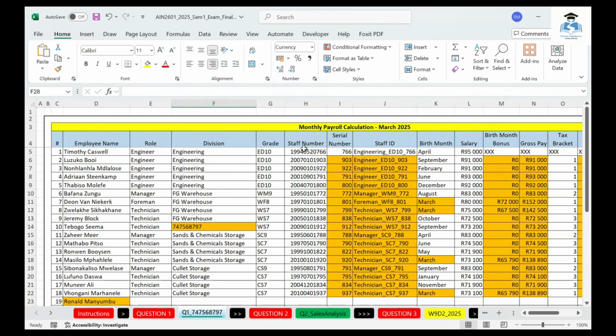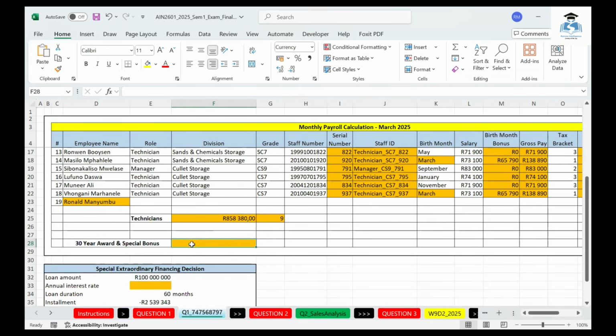But remember, the staff number comprises of what? The staff number, the year first, the month, and the serial. You can see that the staff number starts with the year the person started working.